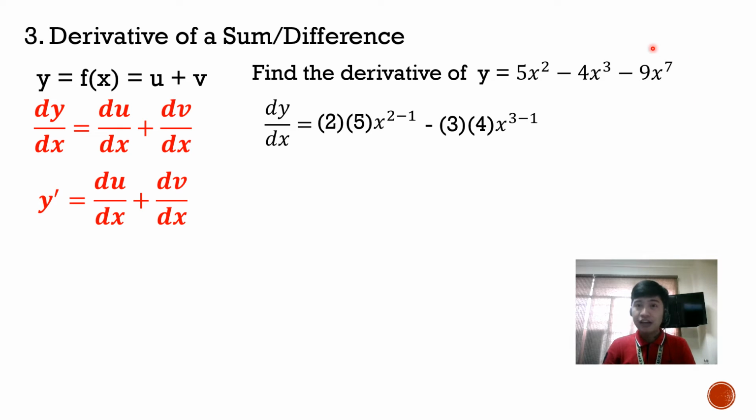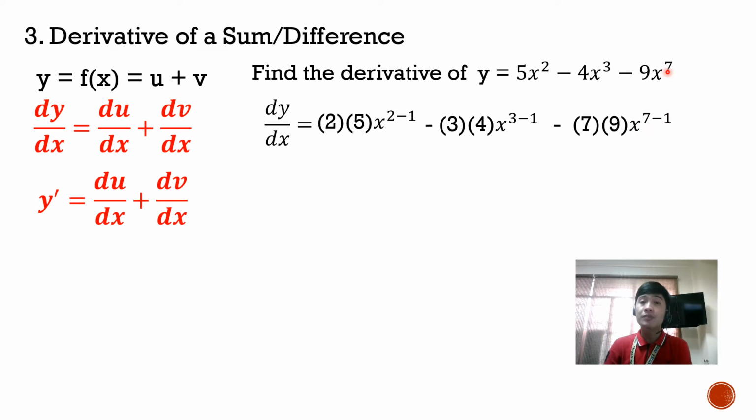Next, minus 9x to the 7th power. Again, x raised to the 7th power. So, another application of the derivative of a power. We bring down the 7 times 9, x raised to 7 minus 1.